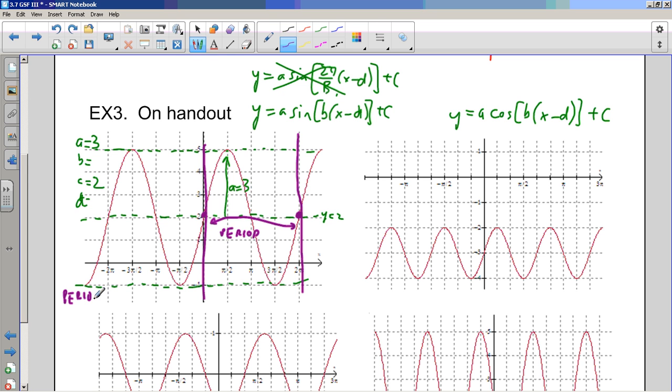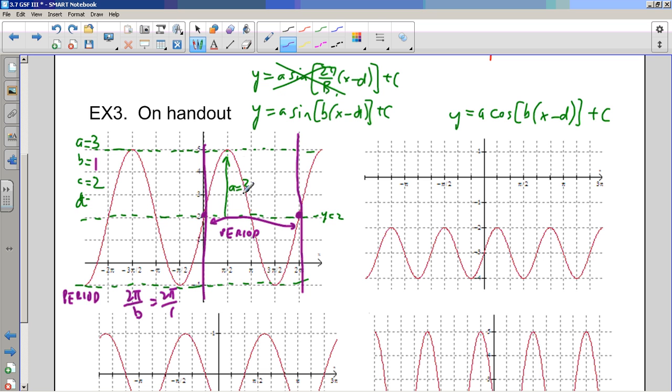if the period is 2 pi, remember B is just the value that we divide into the, well, it's 1. B is 1. There hasn't been a stretch or a squish. B is just 1. What phase shift?